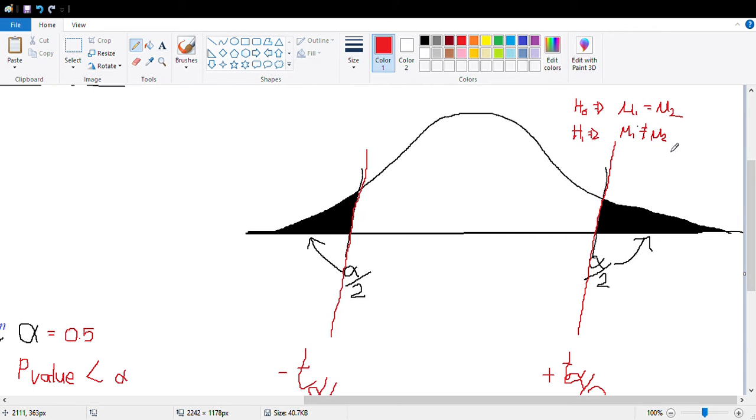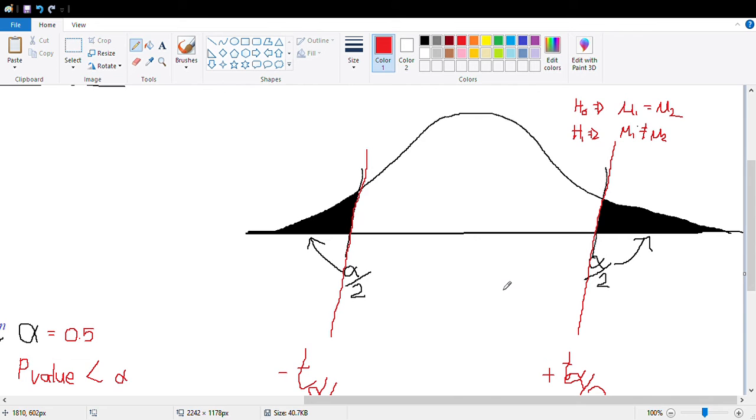So if it is not equal, the mean of one set of samples could either be greater than or less than the other. That is why the two-tailed test is most applicable.